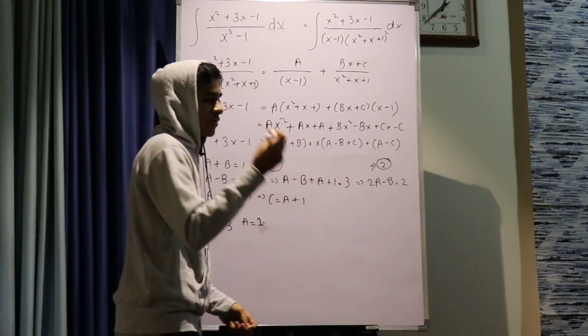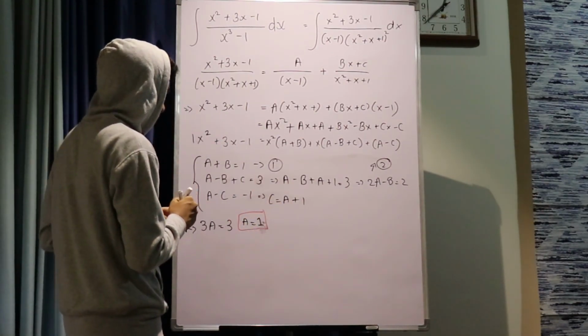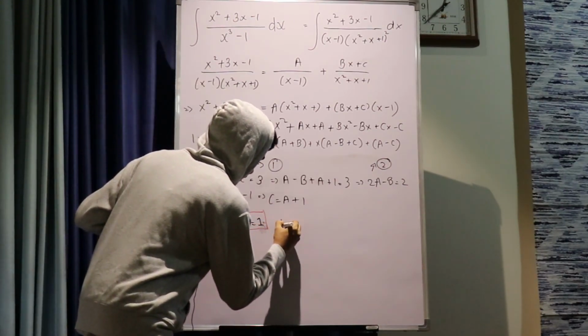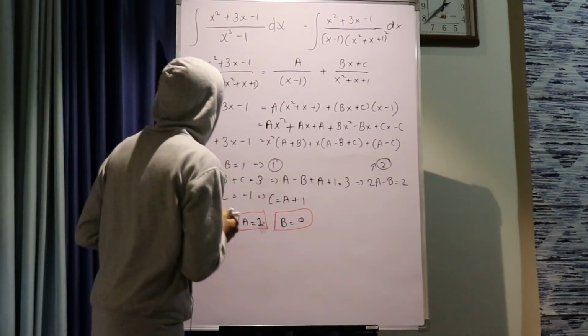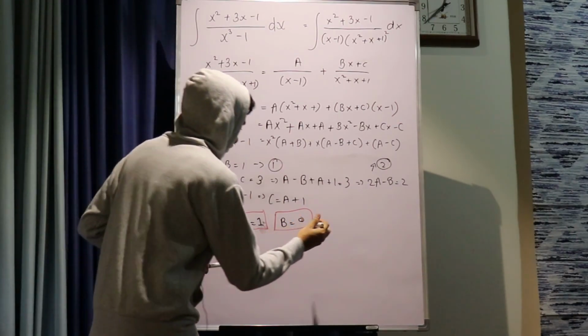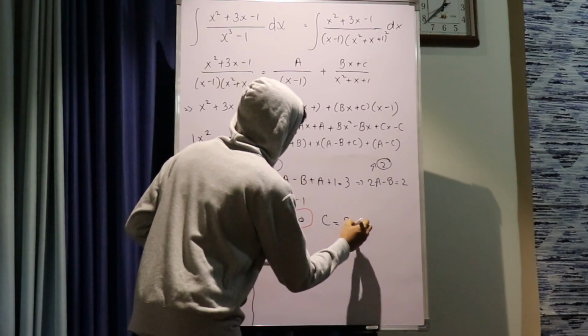Let me just use my red marker for this so it's clear. a equals 1, then plug a equals 1 over here, so you end up with b equals 0. And then finally, you can just plug a equals 1 over here, and you end up with c equals 2.